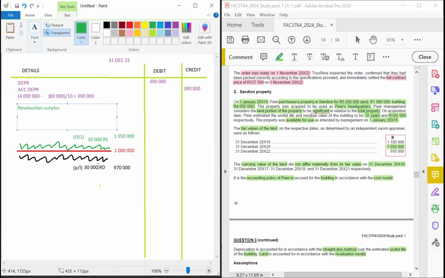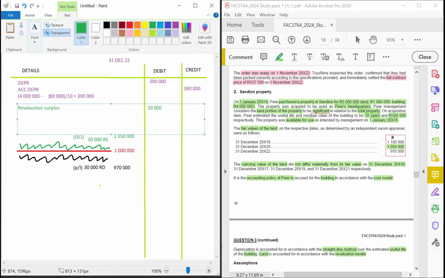Our amount is 50,000. Revaluation surplus is an equity item. Equity increases on the credit side and decreases on the debit side. Our revaluation surplus is being decreased, so this 50,000 would be debited.